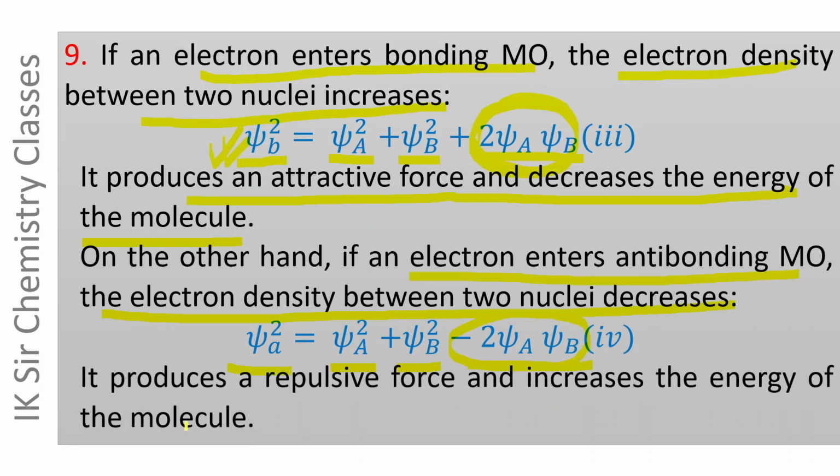And due to decrease in electron density between two nuclei, a repulsive force is produced between the nuclei and it increases the energy of the molecule. And this is why the energy of bonding MO is lower while the energy of anti-bonding MO is higher.